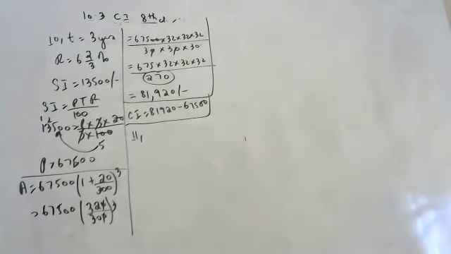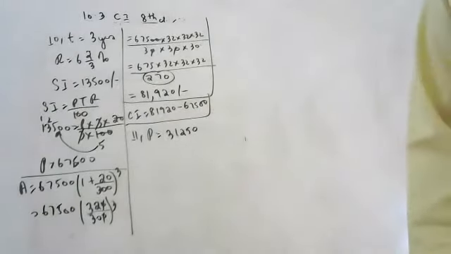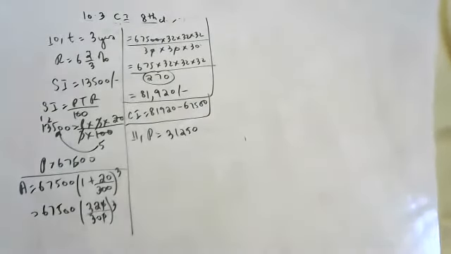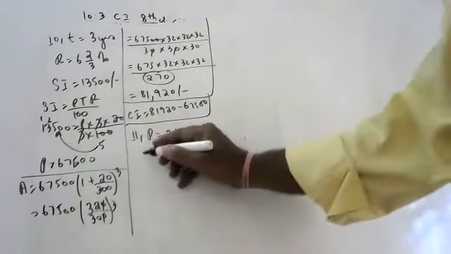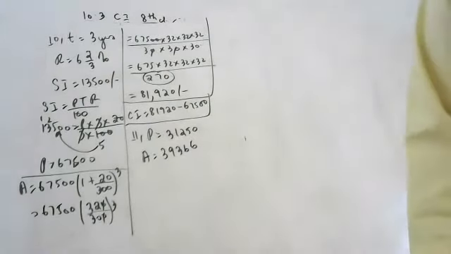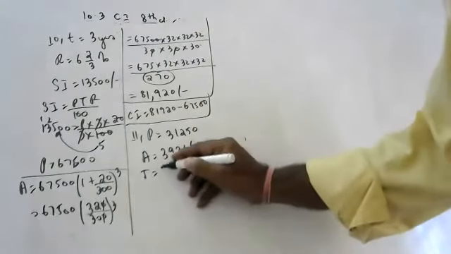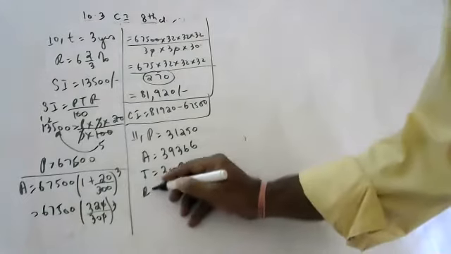Pravalika, you will explain. At what rate of interest per annum will 31,250 amount to 39,366 in 3 years?